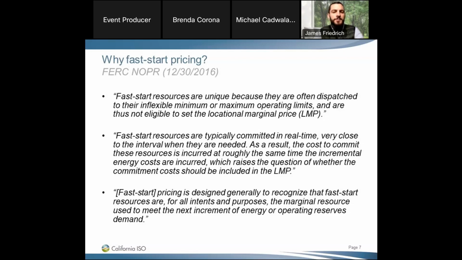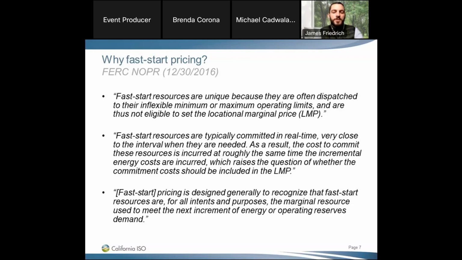First of all, the first bullet explains that you have a set of fast start resources that, because of their inflexible minimum and maximum operating limits, are often not eligible to set the locational marginal price. In our examples from the previous workshop, we tested this and showed that when one of the units has a small dispatch range, given the incremental demand that's needed, that unit may not be able to set the price.